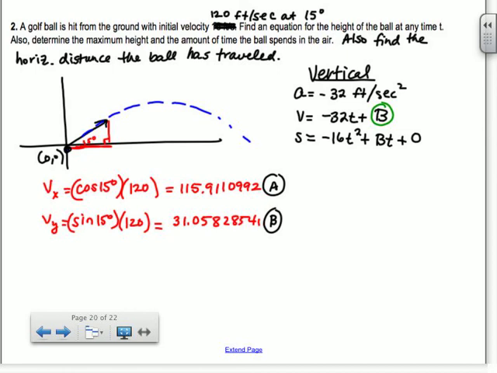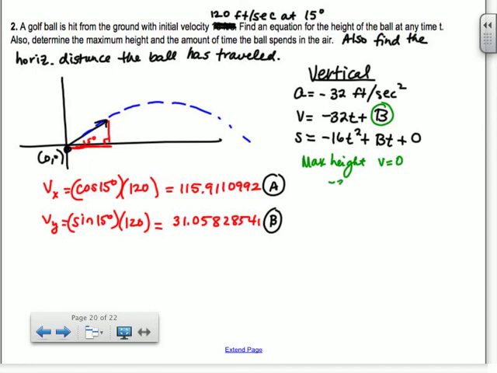Okay, some things we asked about the vertical components: determine the maximum height and the amount of time the ball spends in the air. So how would we find the maximum height? Yeah, vertical velocity is equal to 0, right? So when it gets to the top, it's going to momentarily stop and then fall.